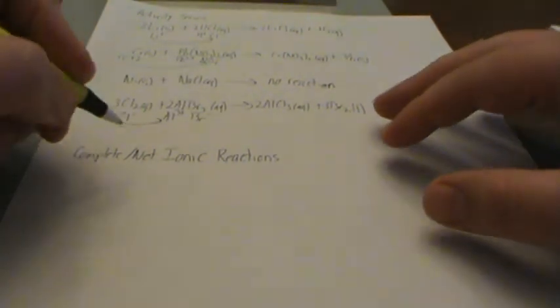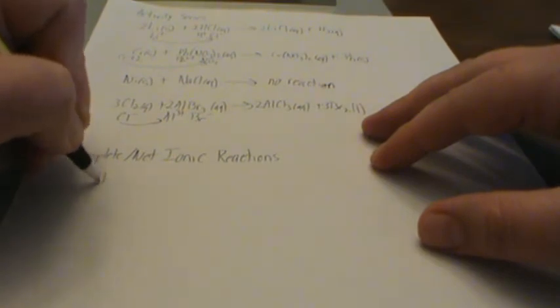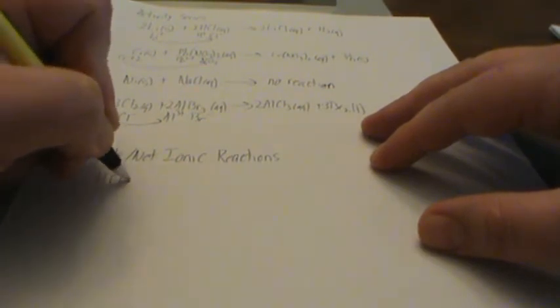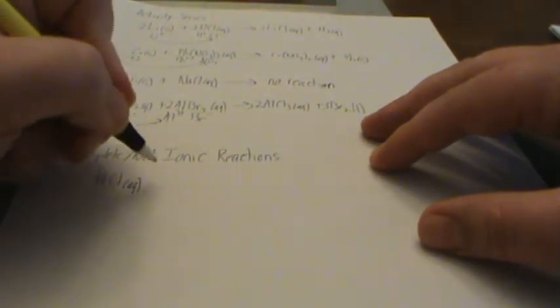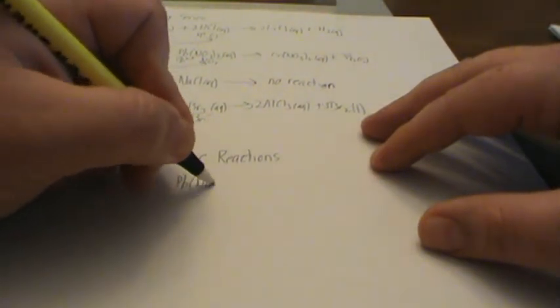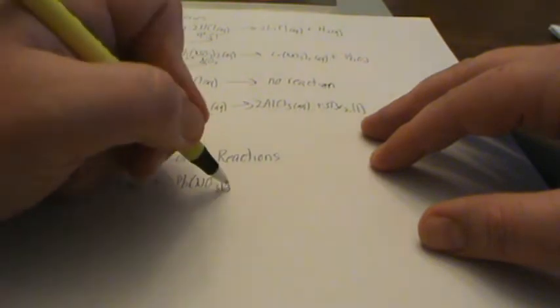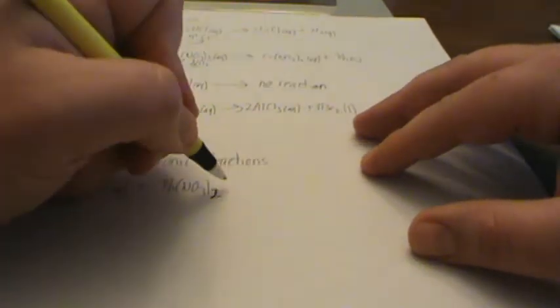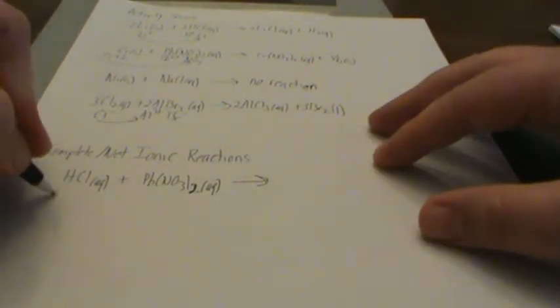For this one, let's use hydrochloric acid reacting with lead 2 nitrate. Now we figure out what our products are going to be. Let's break everything up, since this is a double displacement reaction.